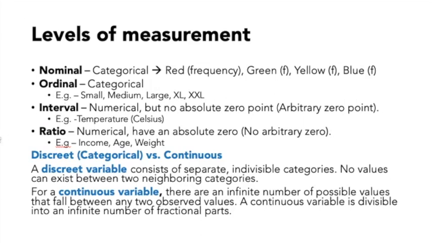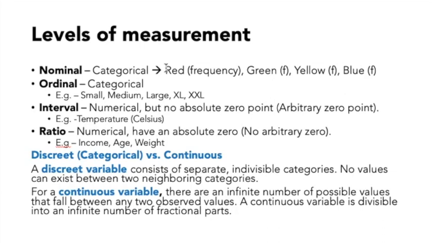Now, nominal types of measurements are usually categorical. As the name suggests, you can't directly go ahead and measure them. For example, let's say I ask you to go to your room, open your closet, and find how many red color clothes you have, how many green, how many yellow, and how many blue.